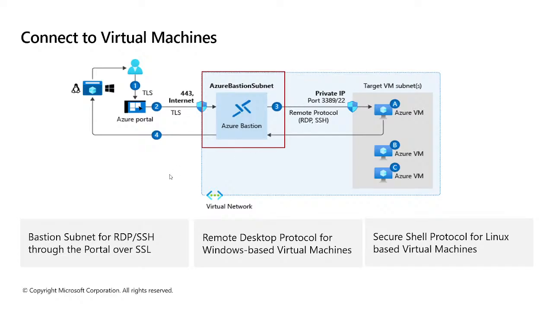You can see that there is nowhere in this architecture diagram where you have a public IP address, and that's what Bastion actually gives you. It lets you connect to your machine over a private IP address.